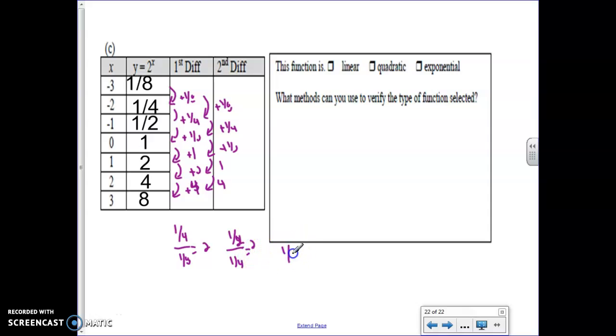If I take 1 over 1/2, that's going to be 2. 2 over 1 is 2. 4 over 2 is 2. Or 8 over 4 is 2. So the reason why this is going to be exponential is if I look at the ratio between these two y values, it is constant. The ratio between y values are the same.